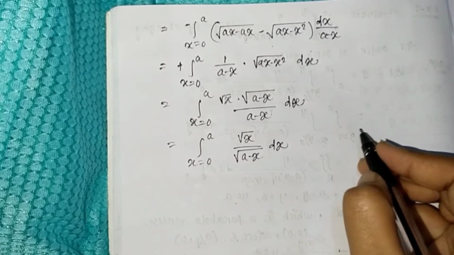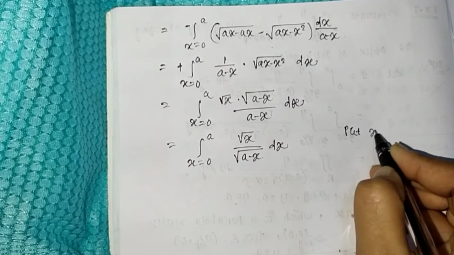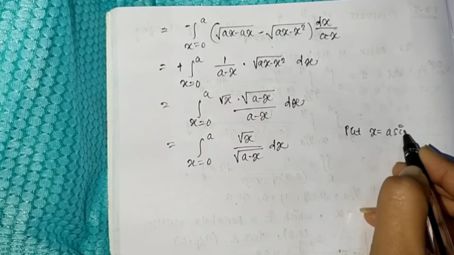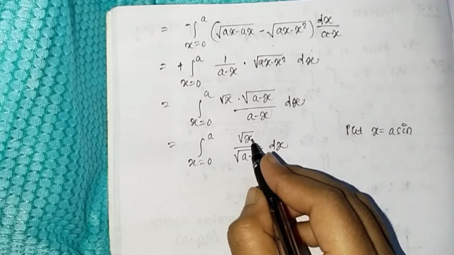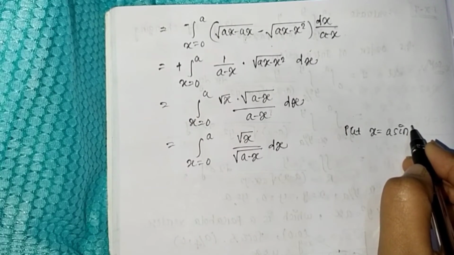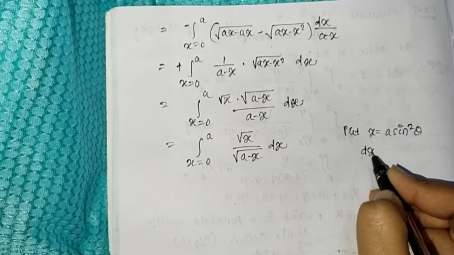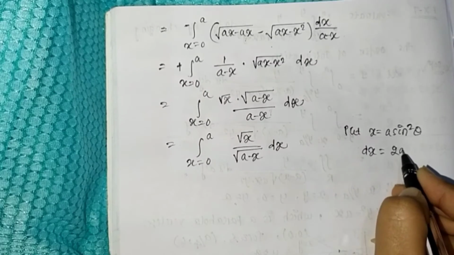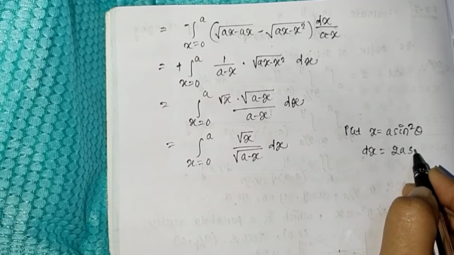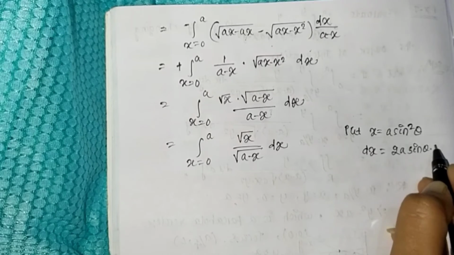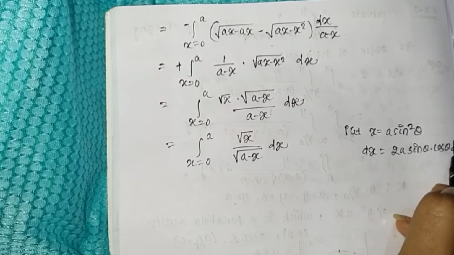So then put x equal to a sin square theta. Then our dx is equal to 2a sin theta into cos theta d theta.